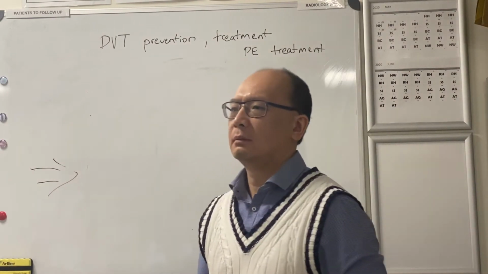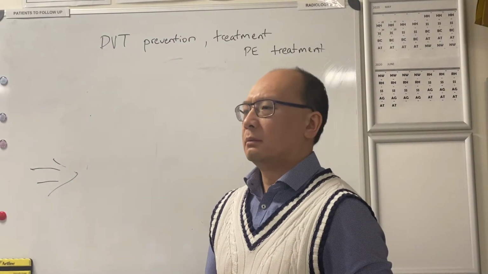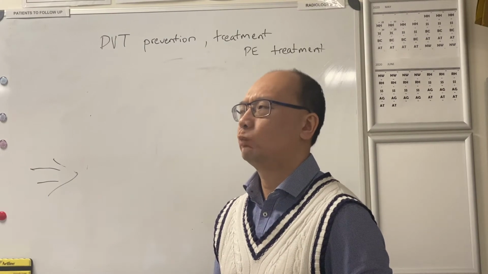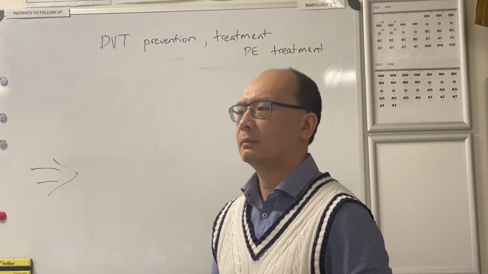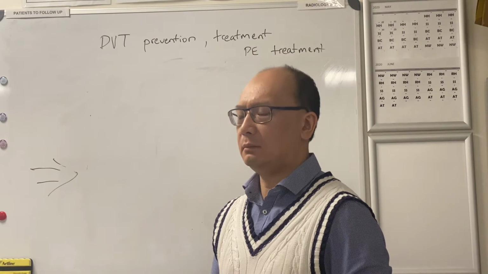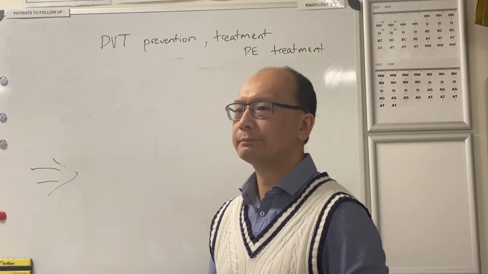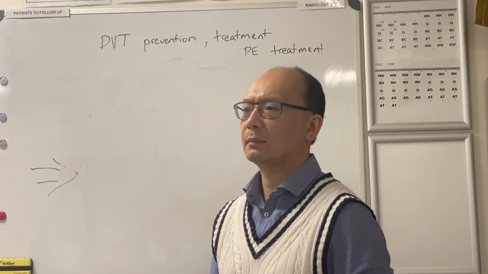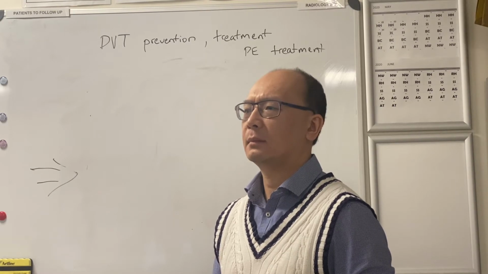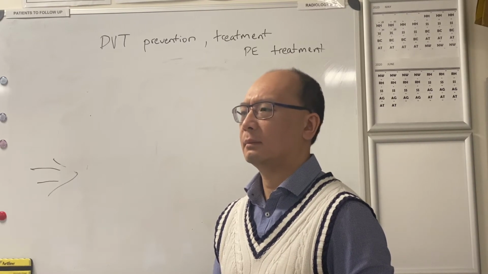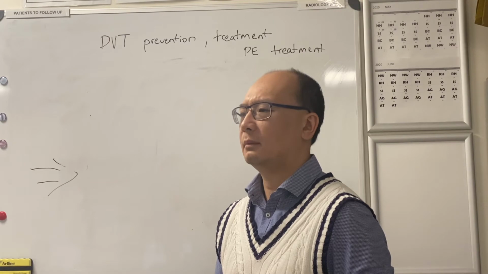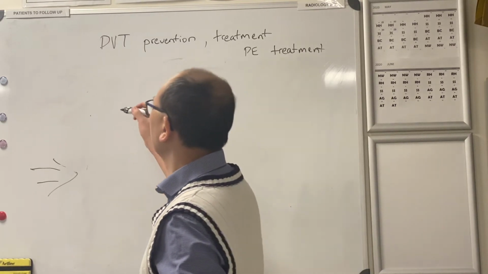So there are patients that fall again into high risk, probably medium and low, but if there's the risk of a DVT propagating and embolizing and becoming a PE. So particular ones that are above the knee or into the pelvis are high risk for embolization to the lungs and causing a PE. So you certainly have to treat those.